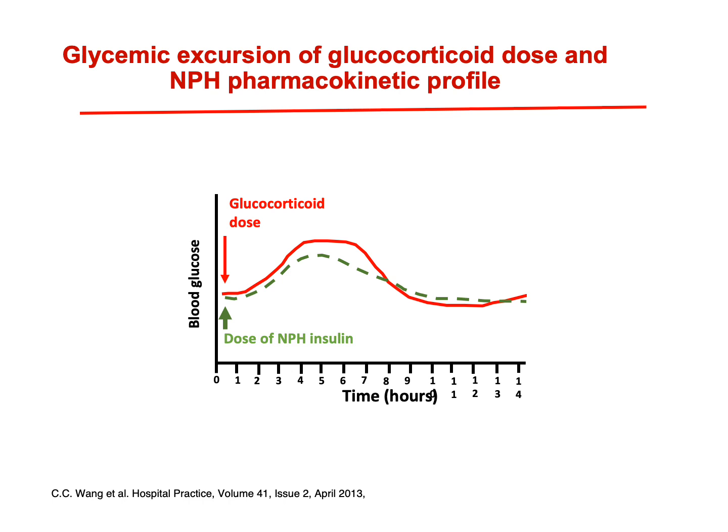You can see down there the green: when you dose NPH insulin together with glucocorticoid dosing, the pharmacokinetic effect of NPH is similar in timing to the hyperglycemic effect of glucocorticoid, although the effect is opposite to that of glucocorticoid, and therefore it can be used to counteract the deleterious influence of steroids on glycemia.